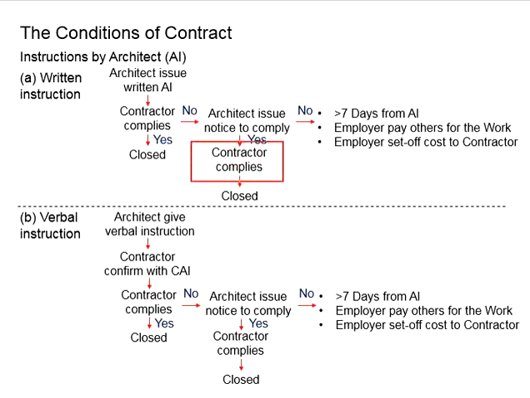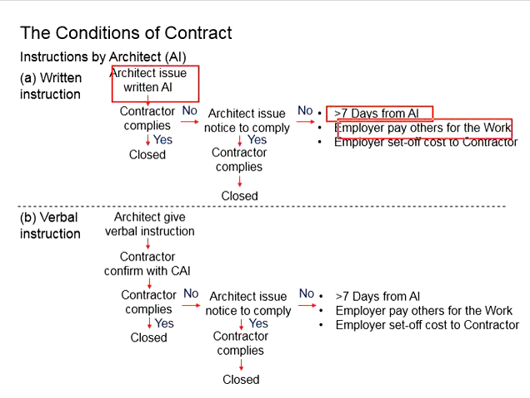And if the contractor decided to comply now, the case is closed. But if the contractor is still stubborn not to comply, within 7 days from this written AI, the employer can pay others to do the work, and the relevant costs will be charged onto the contractor.